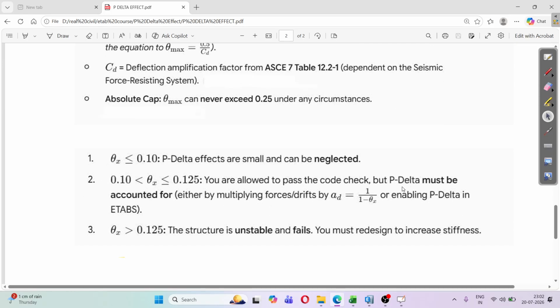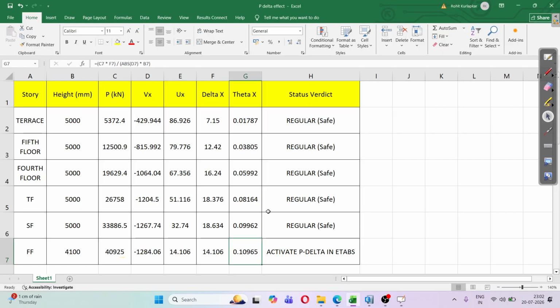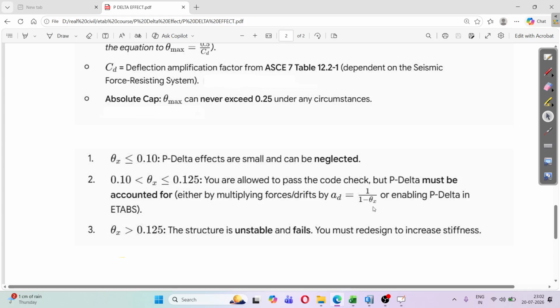So I have to go for P-delta analysis, or whatever results I got from forces and drifts, I need to multiply by 1 upon 1 minus theta, whatever the value of theta is, that is 0.1096.